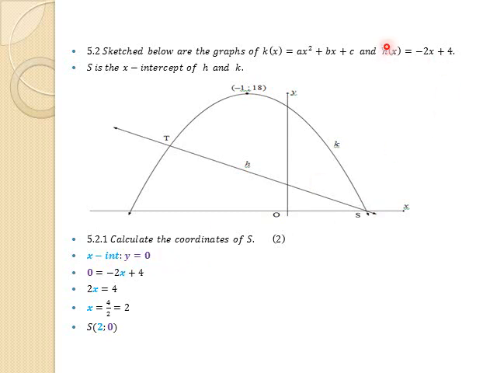So h(x), the y becomes 0, equals minus 2x plus 4. If I take minus 2x over, it becomes positive 2x equals 4. 4 divided by 2 gives me x equal to 2. So my coordinates of S are 2 and 0. 1 mark for substitution, and 1 mark for coordinates.